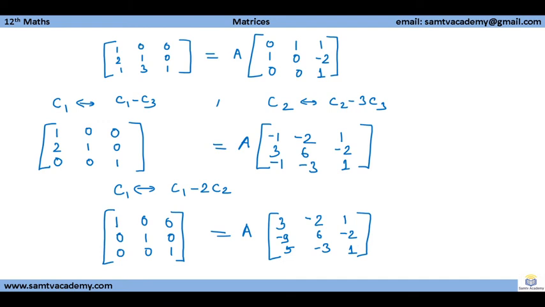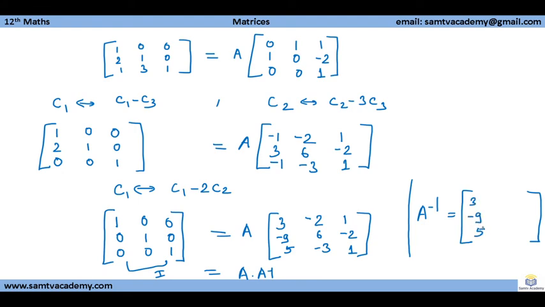So we can see that we got a similar matrix by row operation and column operation. So this is I is equal to A into A inverse. So this is the value of A inverse. So A inverse is equal to, we write here: 3 minus 9 5, minus 2 6 minus 3, 1 minus 2 1.